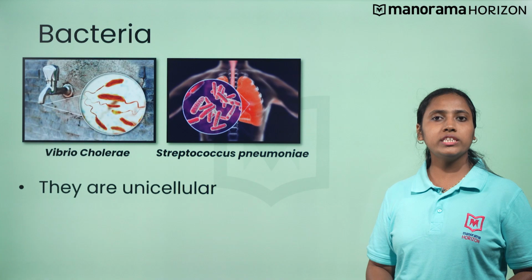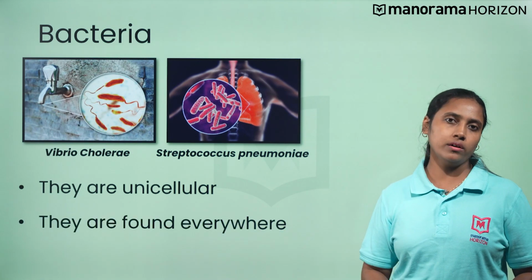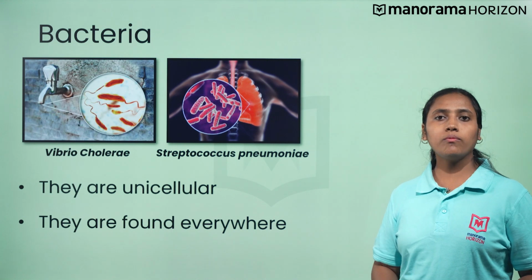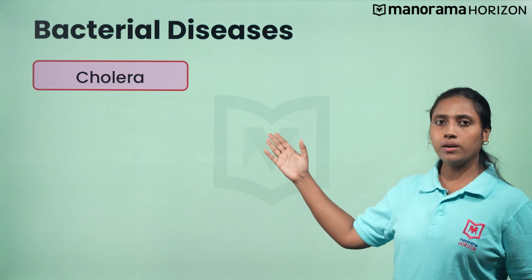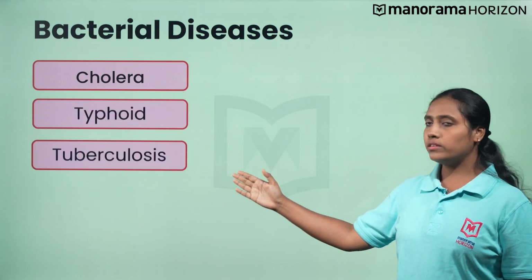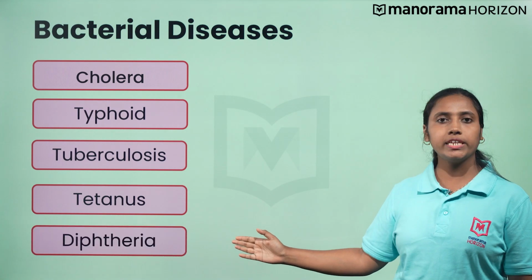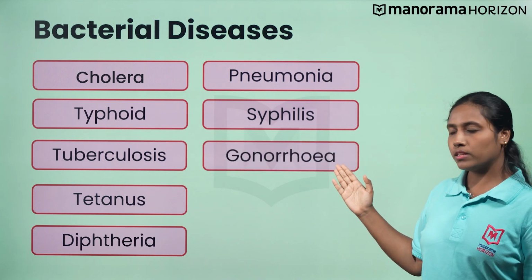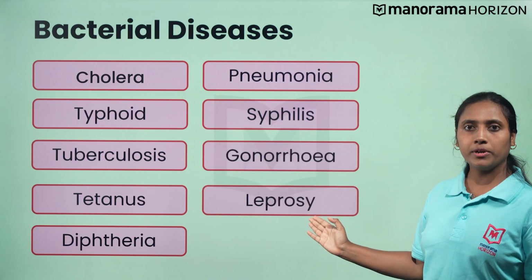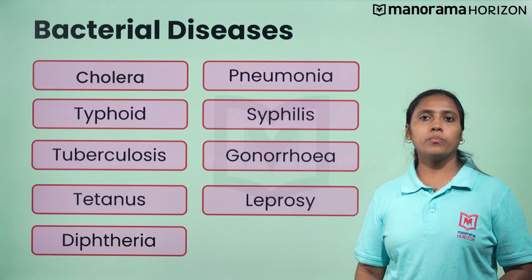Bacteria are unicellular and are found almost everywhere on earth. Some of the harmful bacteria causes diseases like cholera, typhoid, tuberculosis, tetanus, diphtheria, pneumonia, syphilis, gonorrhea, leprosy, etc. We'll now move on to protozoa.